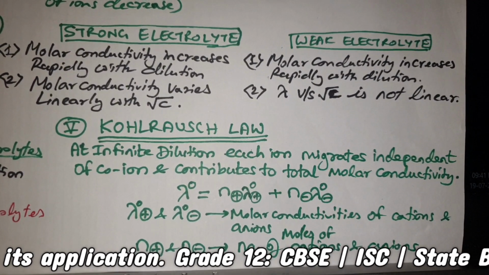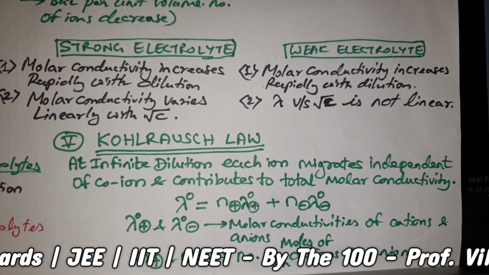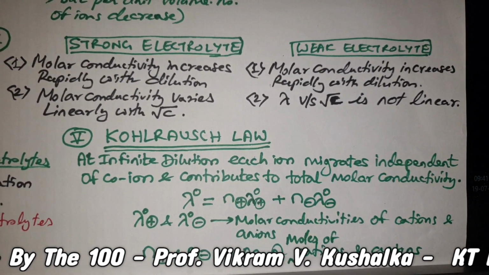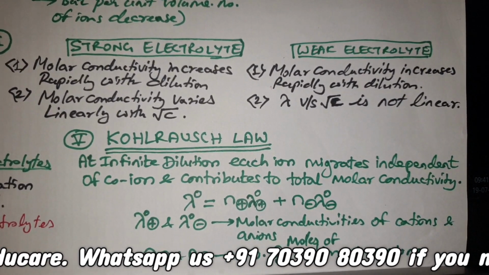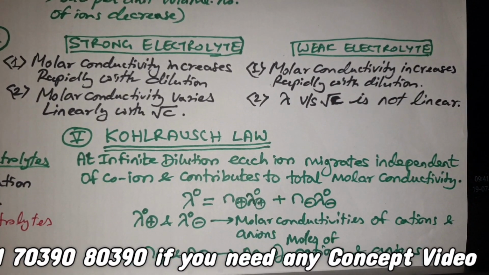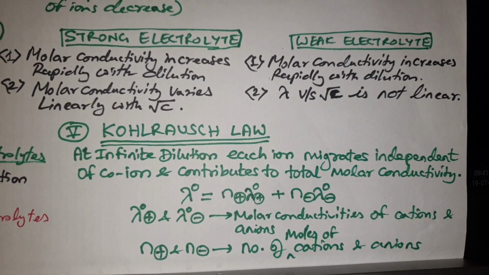Why? Because as per this law, both cations and anions are independently contributing to total molar conductivity. So we need to find out how many moles of cations and anions are there, which are denoted by the symbols n positive and n negative.